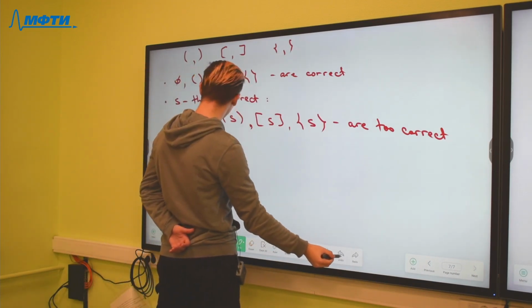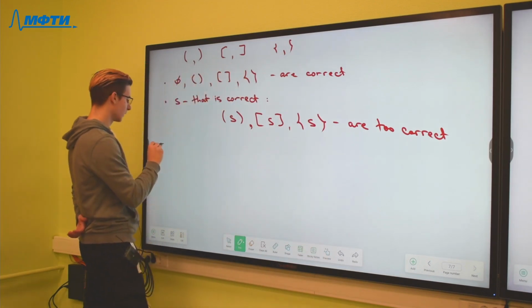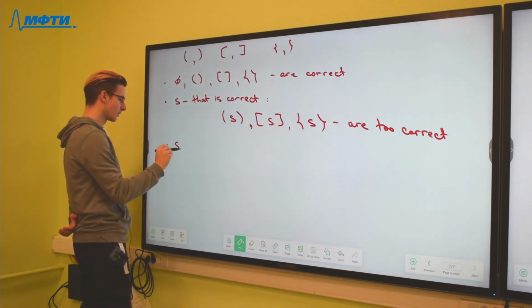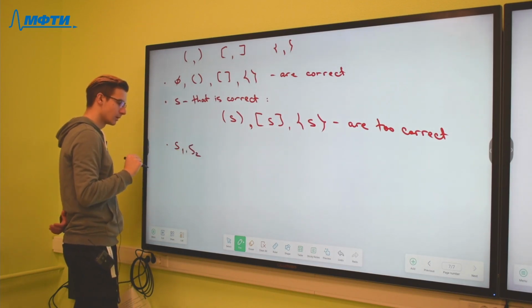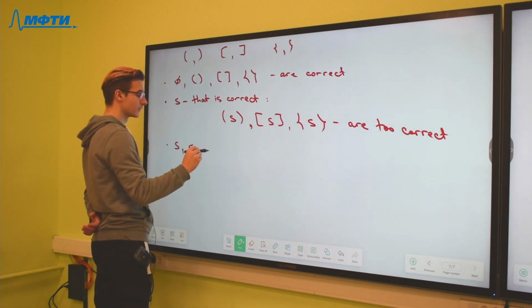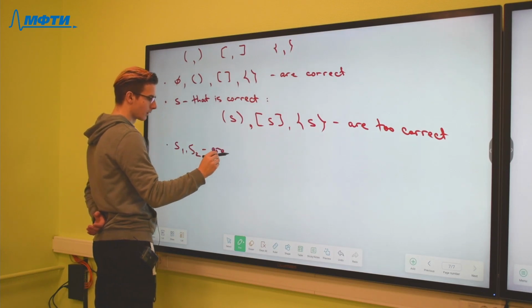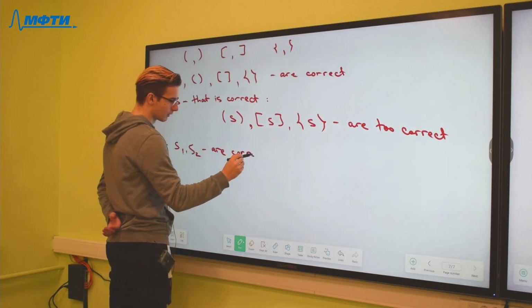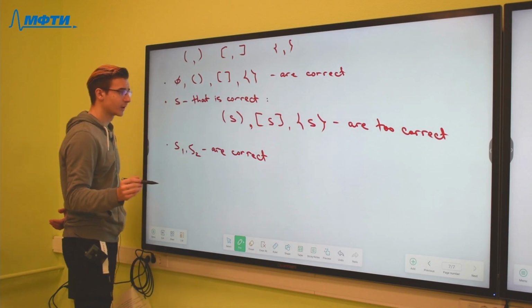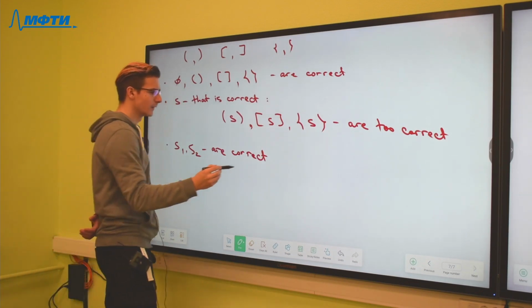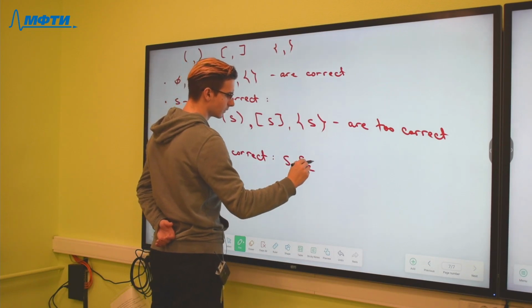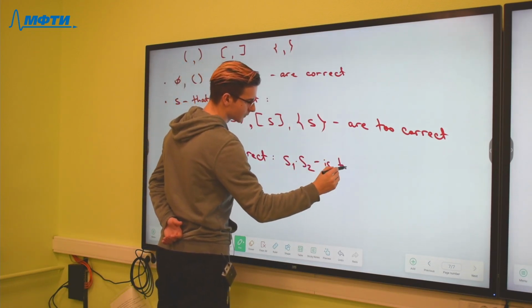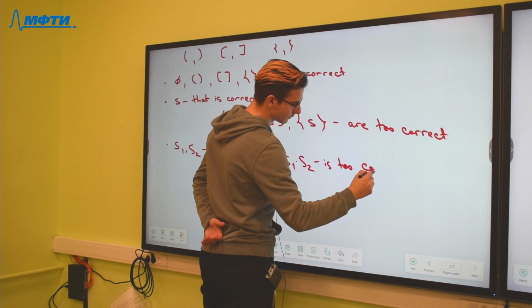And if we have two correct bracket sequences, then we say that the concatenation is also correct.